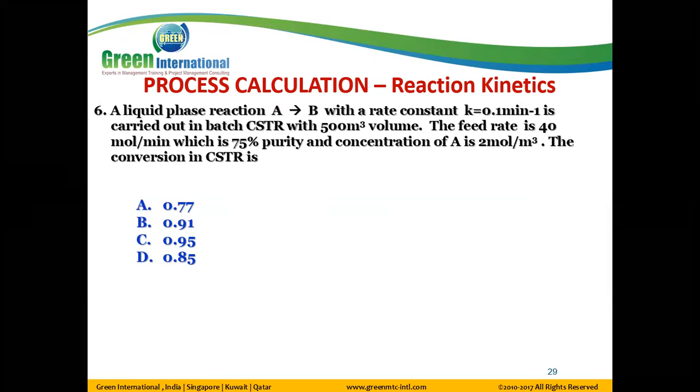A liquid phase reaction, A gives B with rate constant K, value given, in a CSTR with a 500 meter cube volume, capital V given, and feed rate 40 molar per minute. Here it is 40 molar per minute, a molar flow rate, not a volumetric flow rate, which is 70% purity, and the concentration of A is 2 mole per meter cube.